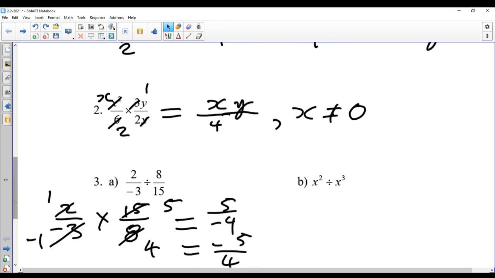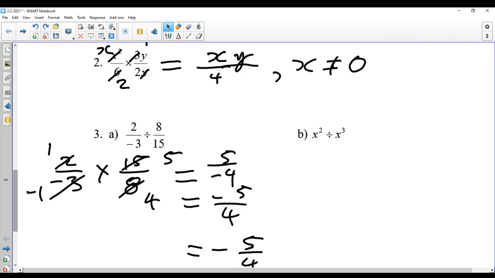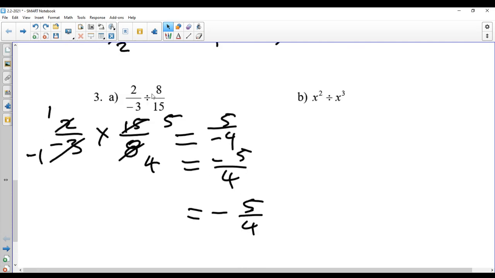How about this one? So it's x squared divided by x cubed. Restrictions, sorry, restrictions. Any restrictions here, folks?